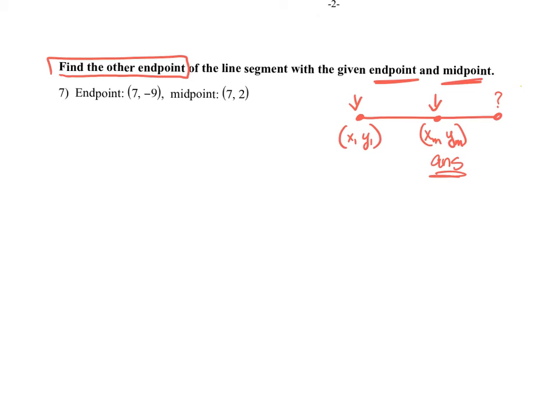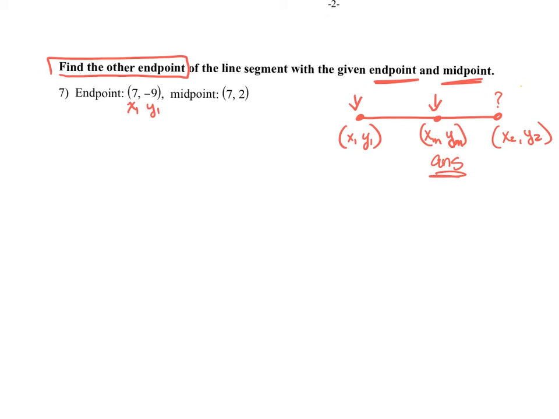We find that middle guy. And this guy here is x2 and y2. Everybody understand that? Makes sense? The picture looks good? So, if they give me the endpoint, I'm going to name him x1 and y1. And the midpoint is the answer.